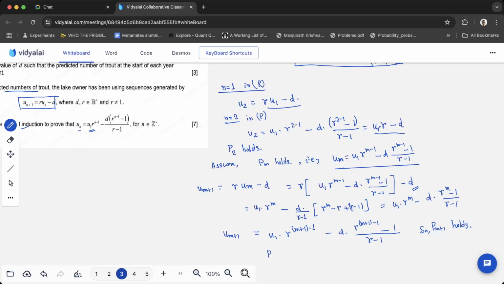So P2 holds, Pm holds implies Pm plus 1 holds. These two together say that Pn holds. So that's the proof.